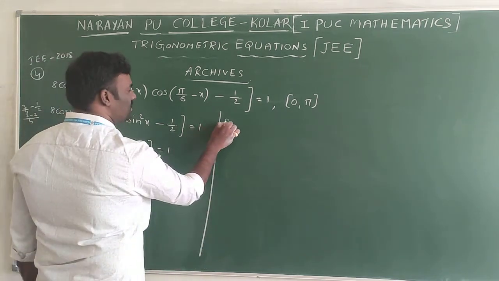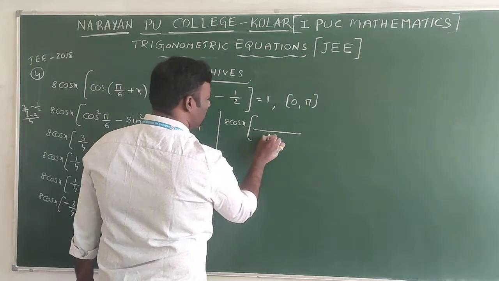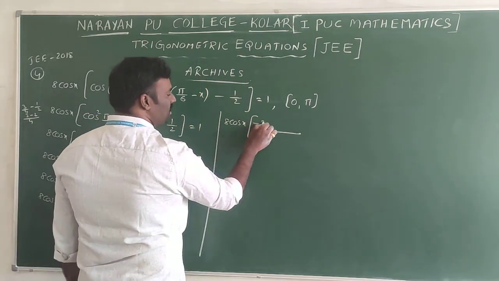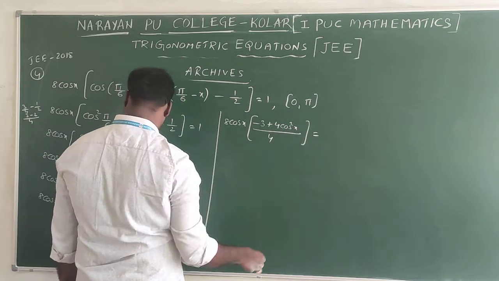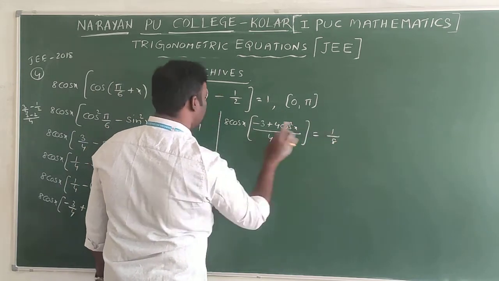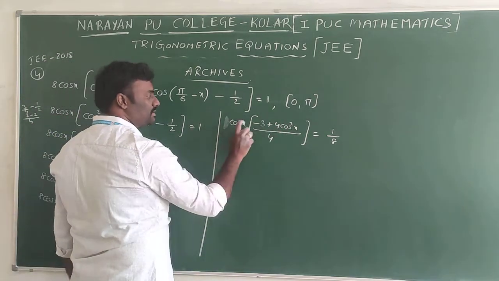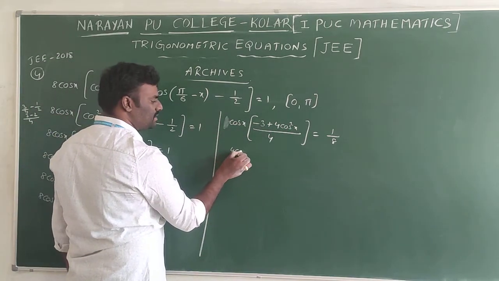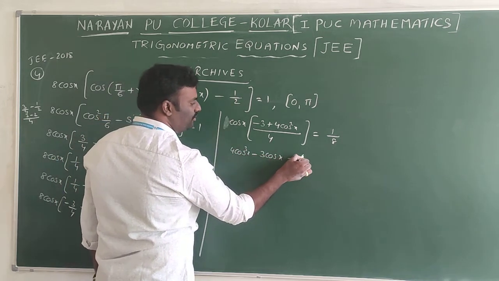Now 8 cos x into, you will take LCM, 4 is the LCM, minus 3 plus 4 cos square x is equal to 1. You send 8 this side, it becomes 1 by 8. Now multiply 4 cos square x into cos x, 4 cos cube x minus 3 cos x is equal to 4 by 8.